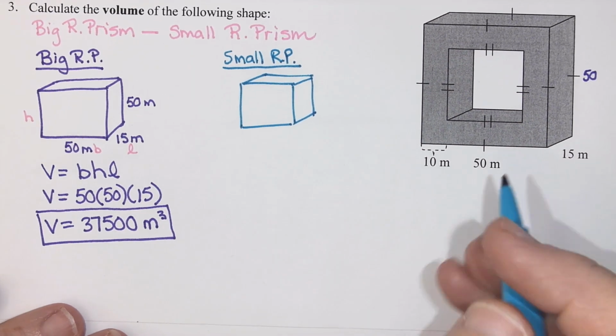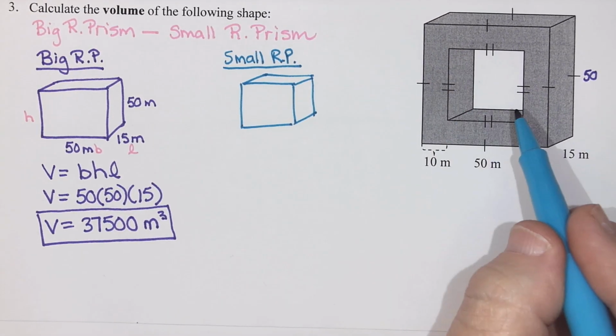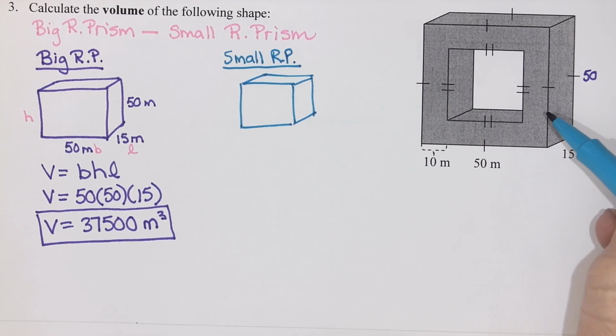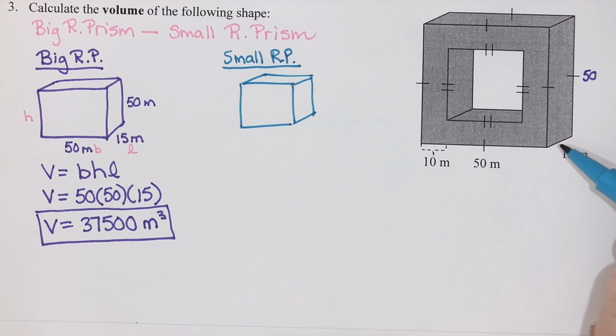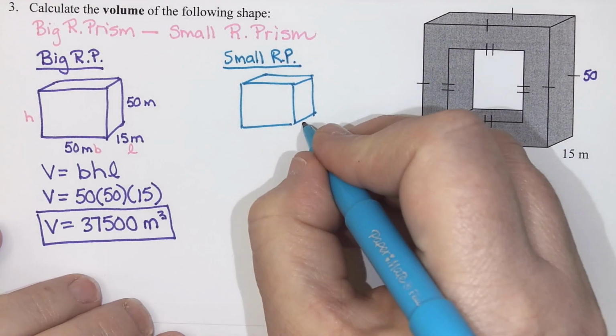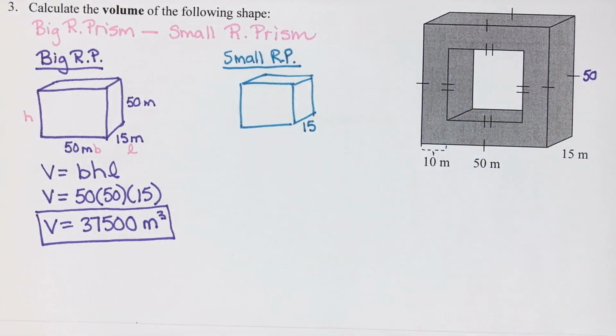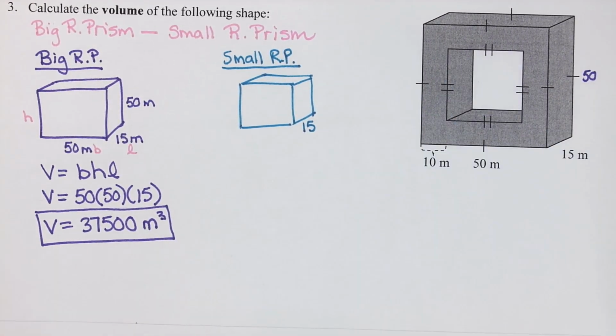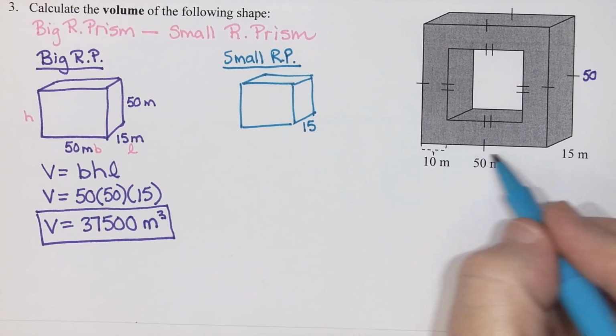Okay, looking at the smaller hole that I have, I notice that the width of this object going this way is the same. So whether we're on the inside hole or the outside of the shape, this should be 15. But the length and the height, or the base and the height, are going to be different. They're not going to be 50.